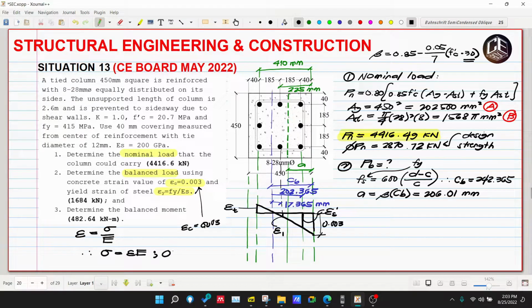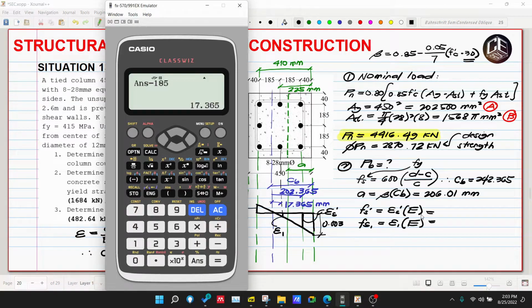Kung saan, ang ating stress dito sa ating RC ay yung F. So, Fs prime is equivalent to strain S prime multiplied by E. Tapos yung ating Fs1 is equivalent to strain 1 multiplied by ating E for steel bar is 200 gigapascal.